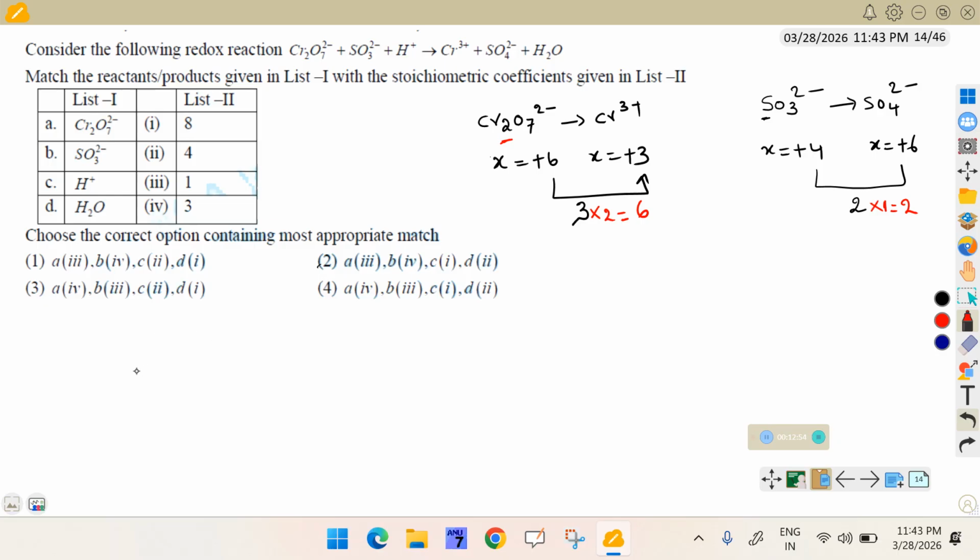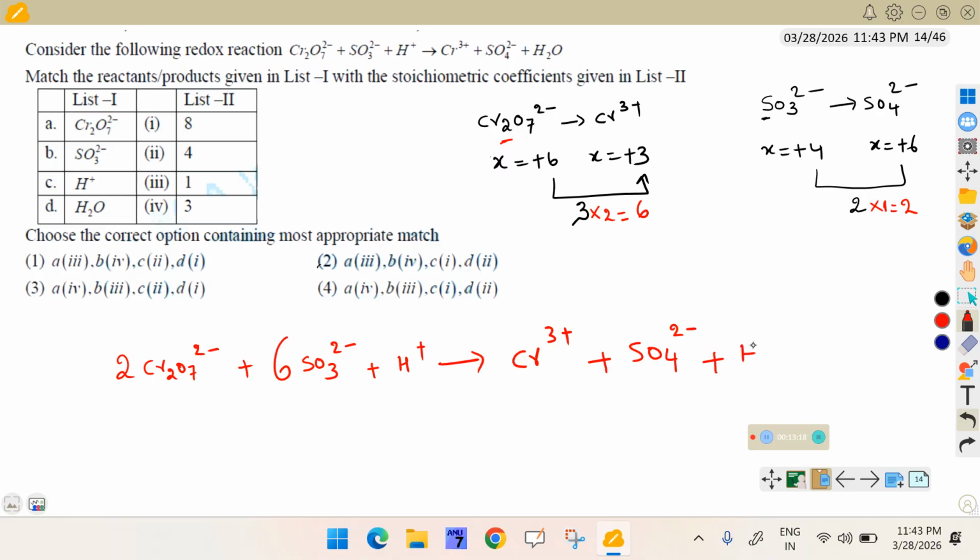Now exchange the coefficients. Then 2 moles of Cr2O7 2 minus plus 6 moles of SO3 2 minus plus H plus gives rise to Cr3 plus, SO4 2 minus plus H2O.